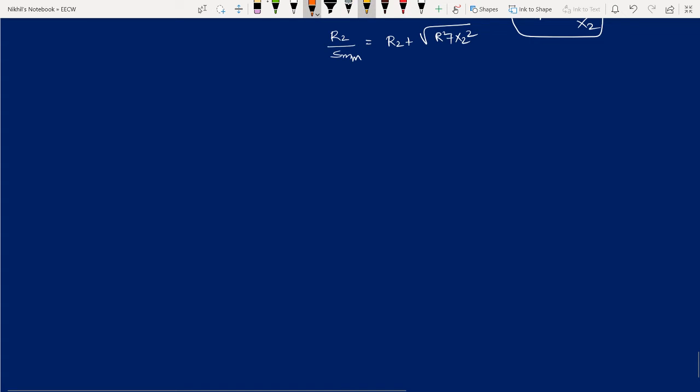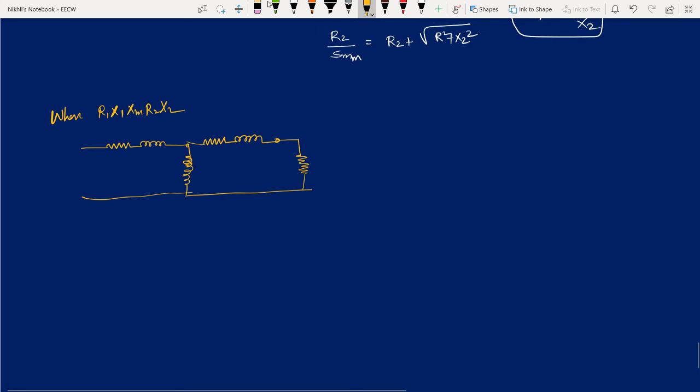Now the next case is when stator plus rotor, that is R1, X1, XM, R2, X2, all are considered. Then your circuit will look like this: R1, X1, XM, and R2, X2, and the electrical component of the mechanical load of the rotor.